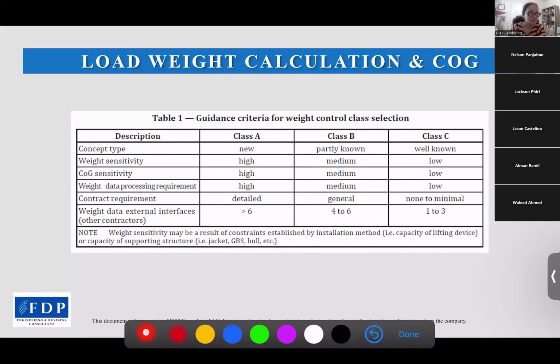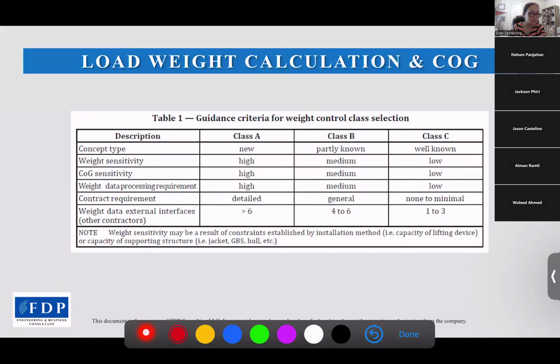So if that's the case, then we will classify that as a class A. If class B, we can assume that it's part of the platform itself. So maybe one level of the platform that we can consider as a class B, and class C is like the equipment of the platform itself.